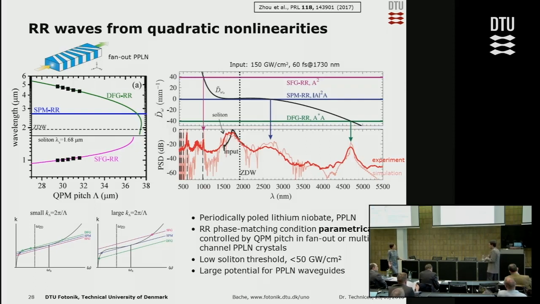It didn't give us more nonlinearity, but it gave us more control. So we let go of the nonlinear strength, but we gained more control. But we always tried to avoid this regime on purpose, because we knew that this regime is heavily influenced by self-steepening.